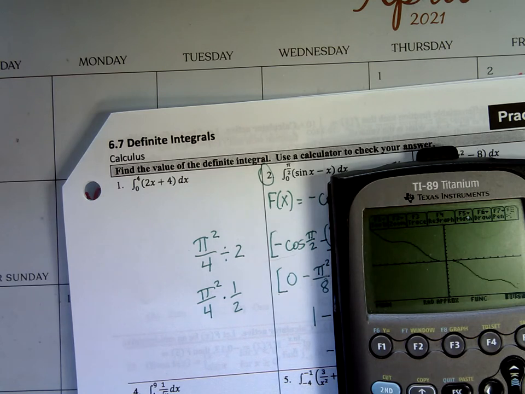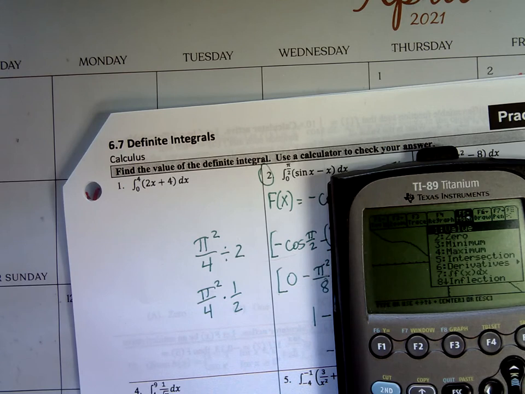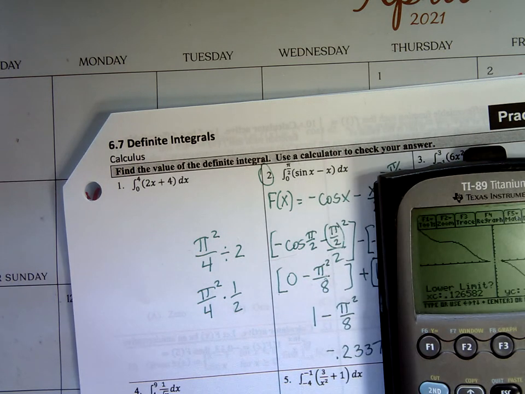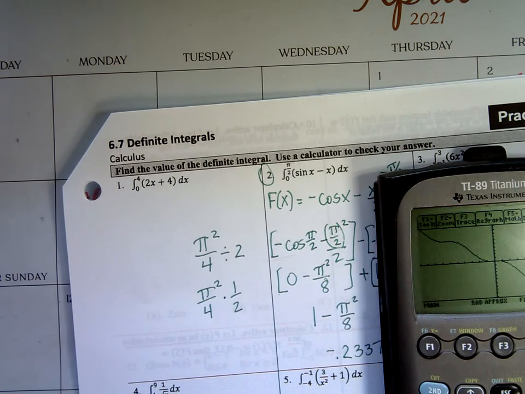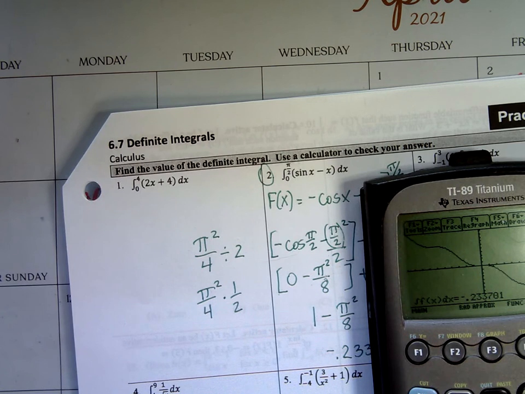Then I go to my F5, my math menu, down to number 7. The lower limit is 0 and the upper limit is pi divided by 2. And there you go. You get the same answer that we got doing it algebraically, negative 0.2337. So that's how you check yourself on these answers.